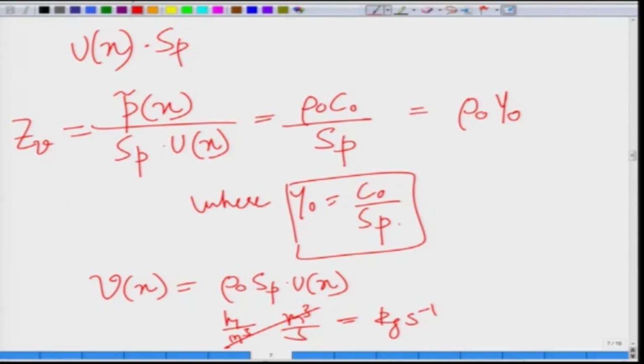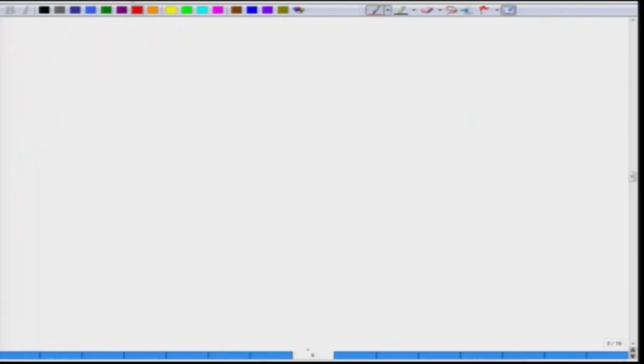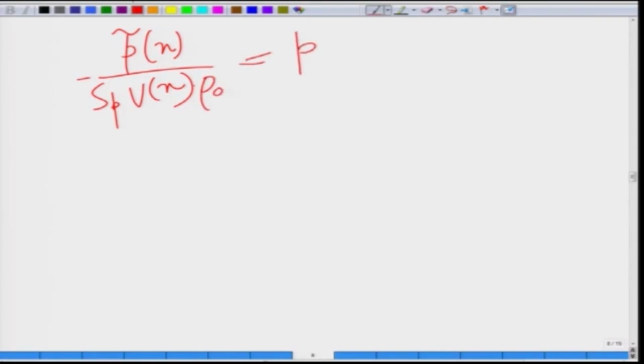As a result, what happens is that if you just consider this equation and divide, let us say p by u, we divided initially this, multiplied this by S p. Now, if we also multiply this by rho naught, we essentially get this thing. So, P x by V x is what? It's basically rho naught comes here, S p also comes here.